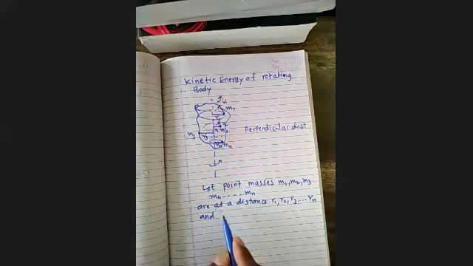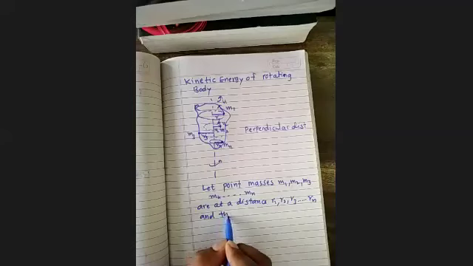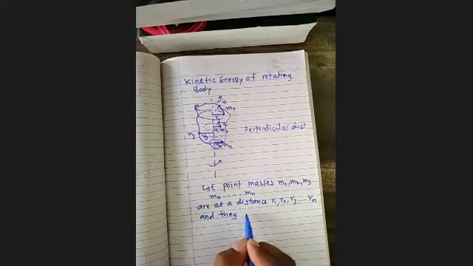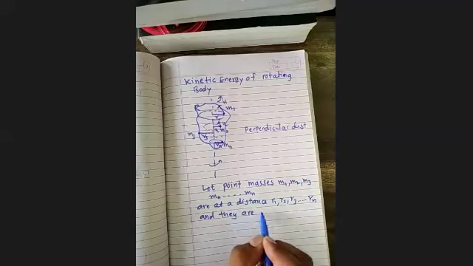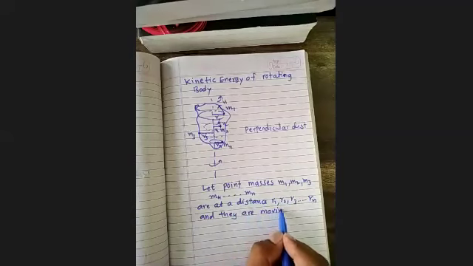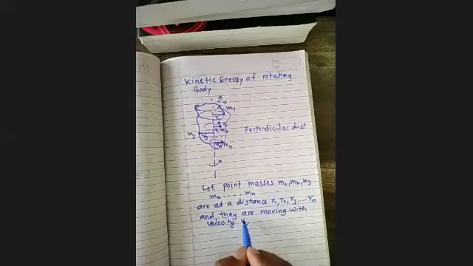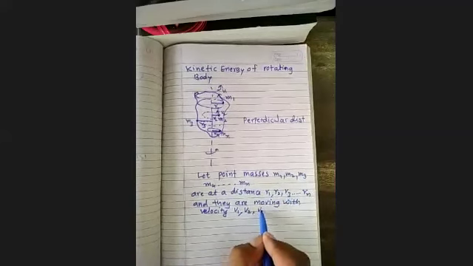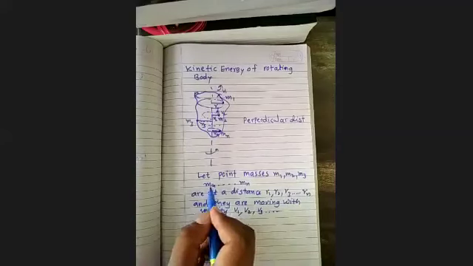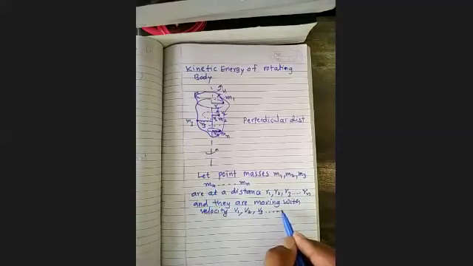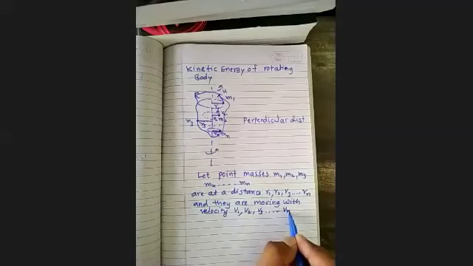And they are moving with velocity: m1 moving with v1, m2 moving with v2, m3 moving with v3, and the last one moving with the velocity vn.